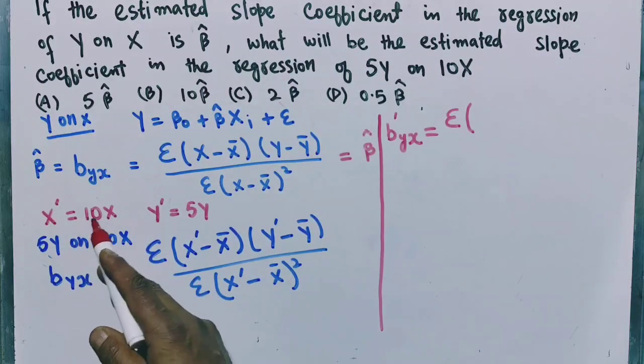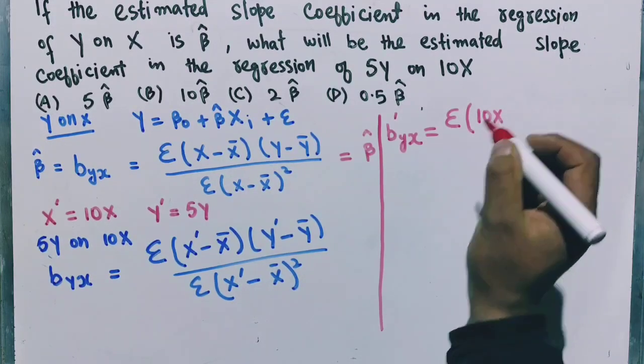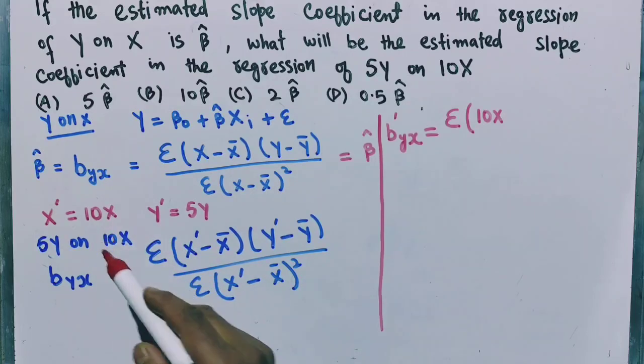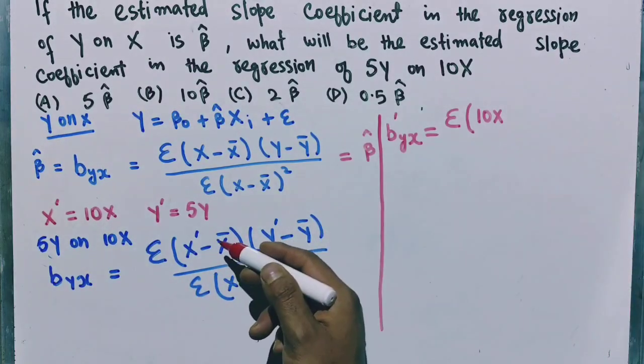So we have 10x this time. Similarly, since x prime is equal to 10x, the mean x bar will also change.